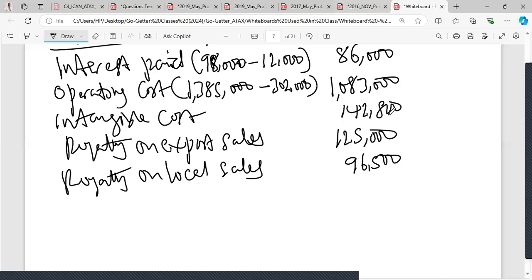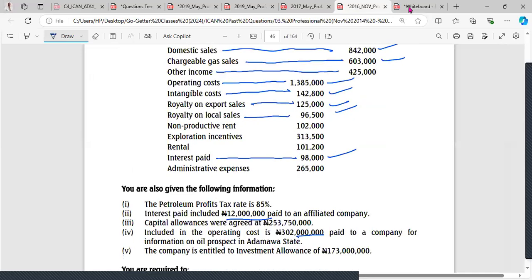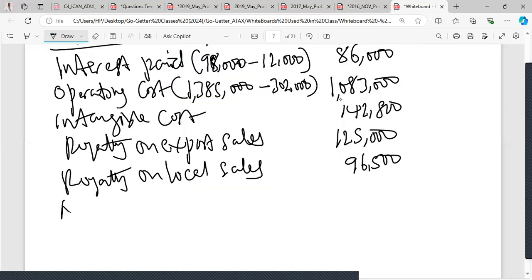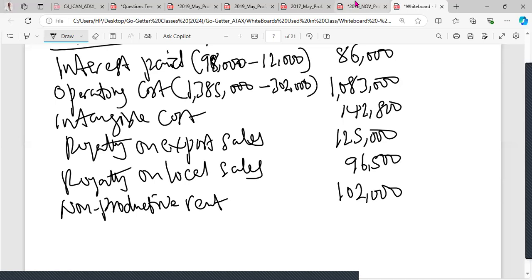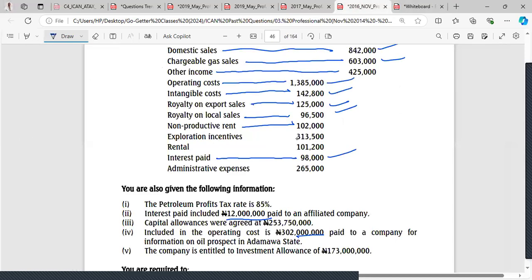Non-productive rent, 102,000. Next expense, exploration incentives, 313,500.